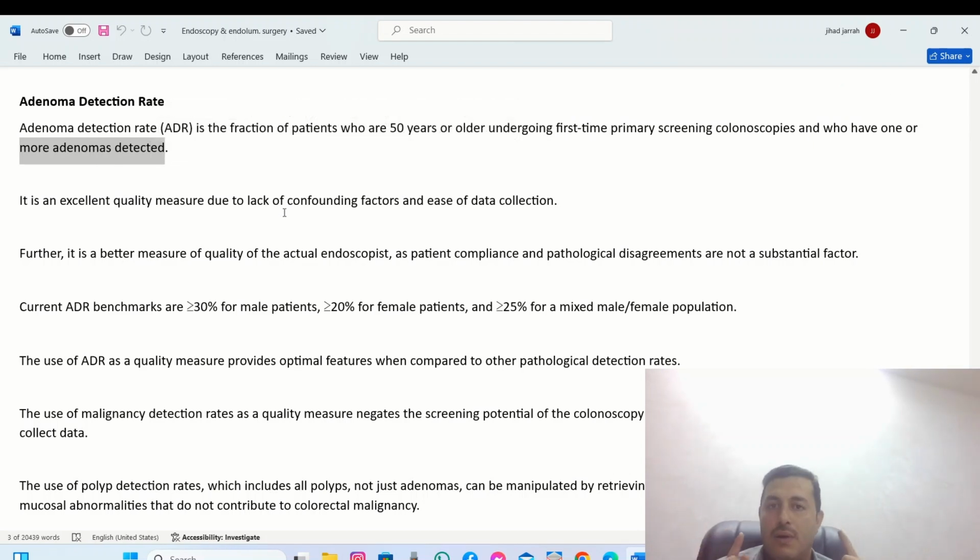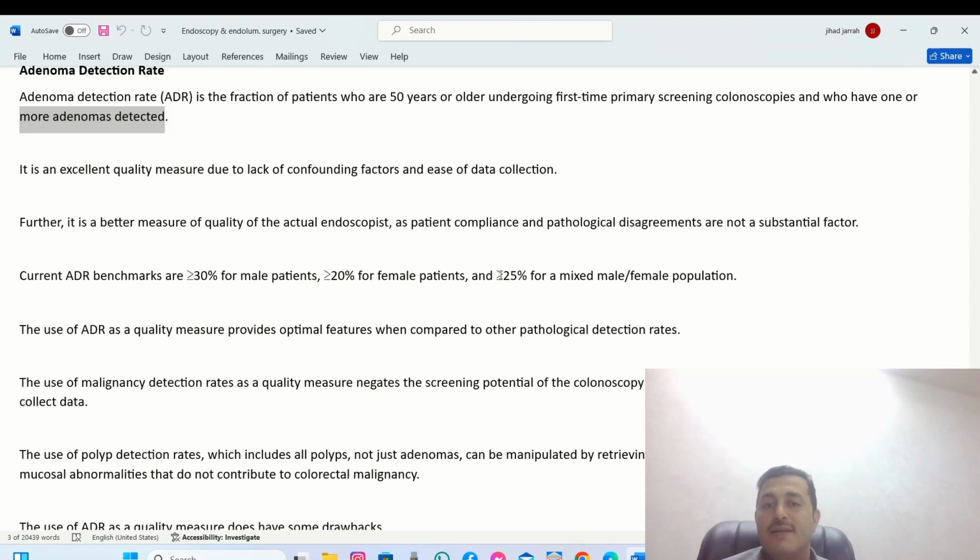So what do we mean by adenoma detection rate? The patient should be over 50, first time screening colonoscopy, and have at least one adenoma detected. We said it is an excellent measure, and the benchmark that we have to remember is that it should be more than 25% of these screening colonoscopies.